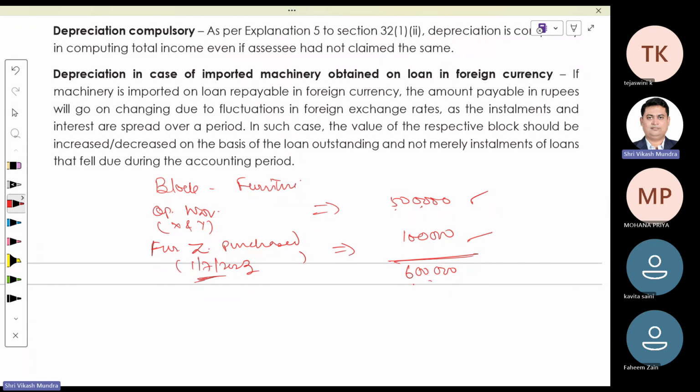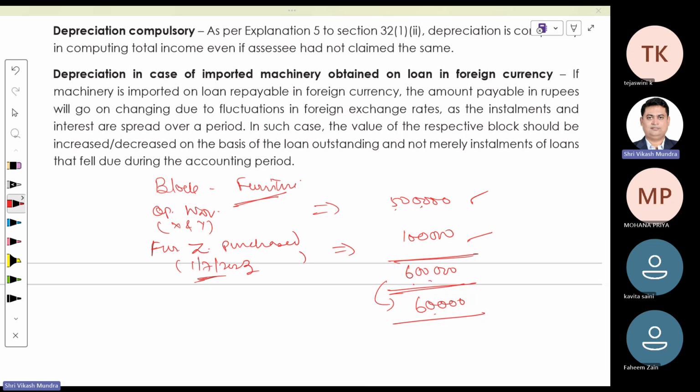The period from 1st July 23 to 31st March is more than 180 days. Hence, on this 6 lakh, we shall charge depreciation at the rate prescribed by income tax. On furniture, the rate of depreciation would be 10%. Hence, the depreciation amount would be 6 lakh into 10%, which comes to 60,000.